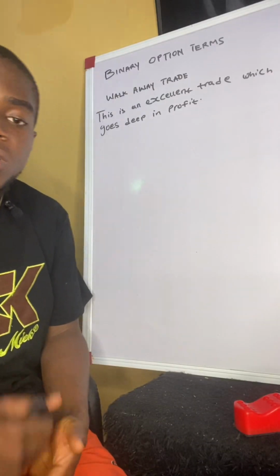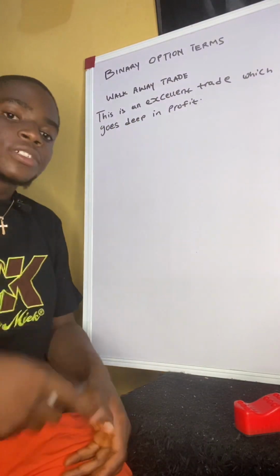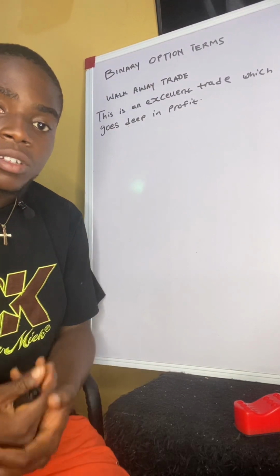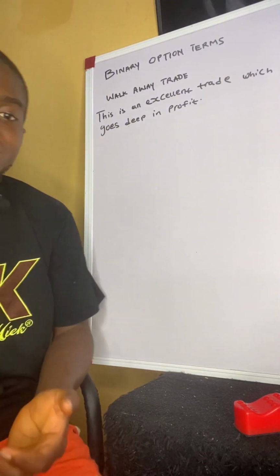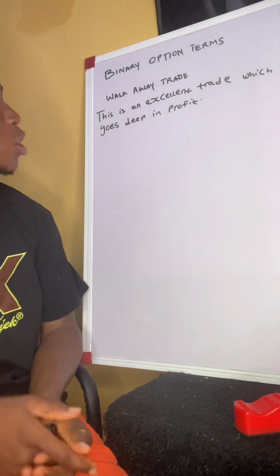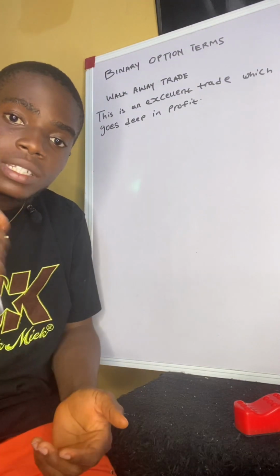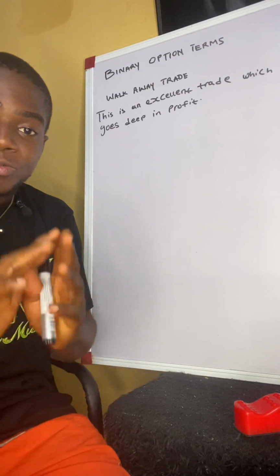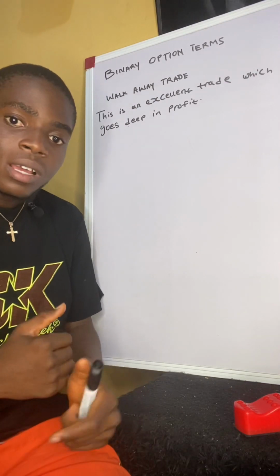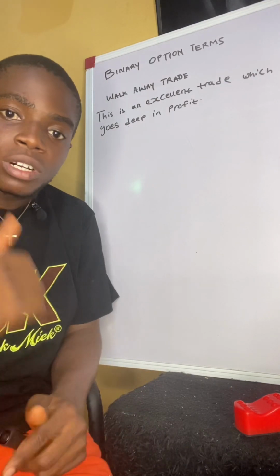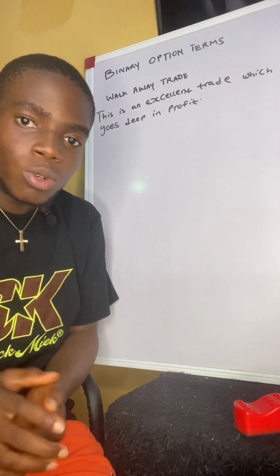Now next, guys, take a look at the term called walk away trade. Most traders use this as an indicator. A walk away trade is simply an excellent trade that goes deep in profit. When you finish charting using the 2 candle rules and all your analysis is correct after checklisting, then you're good to go.